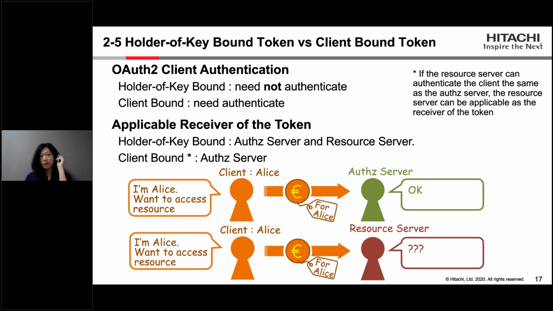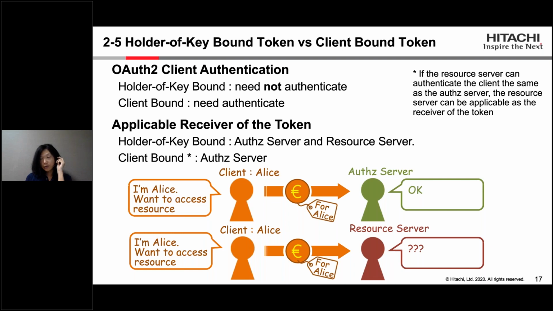At first, OAuth client authentication. We need not do OAuth client authentication for realizing the holder-bound token, while we need to do OAuth client authentication for realizing the client-bound token.